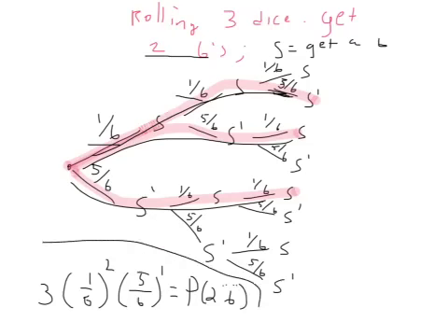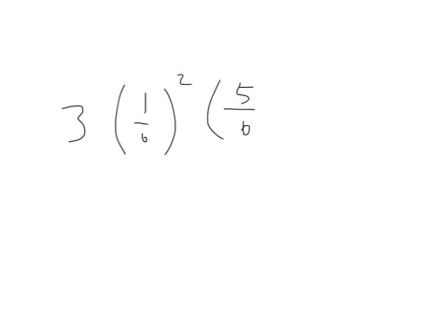So where are these numbers coming from? Well, let's make a leap here: the 3, the 1/6 squared, and the 5/6. And I'm going to put 5/6 to the 1st. So this 1/6 is the probability of a success.